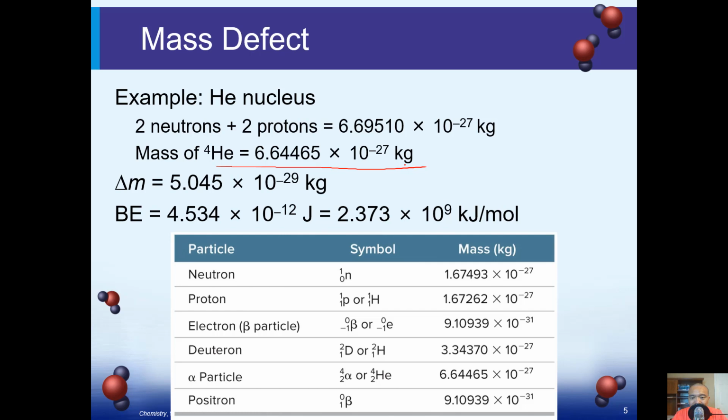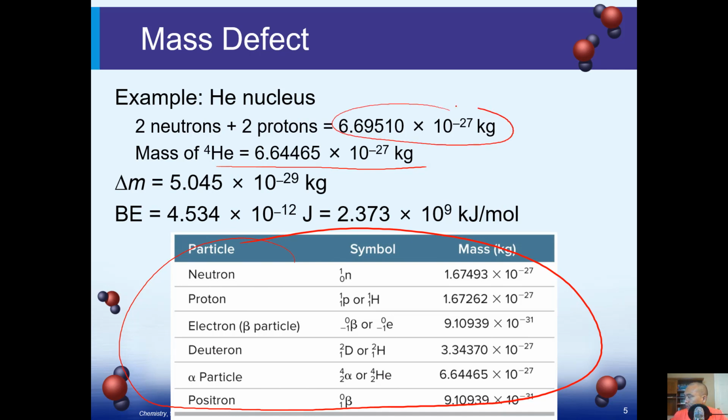The masses of the individual protons and neutrons are provided in this table. The sum of the masses of the individual particles, that is the 2 protons and 2 neutrons, is 6.69510 times 10 raised to negative 27th.